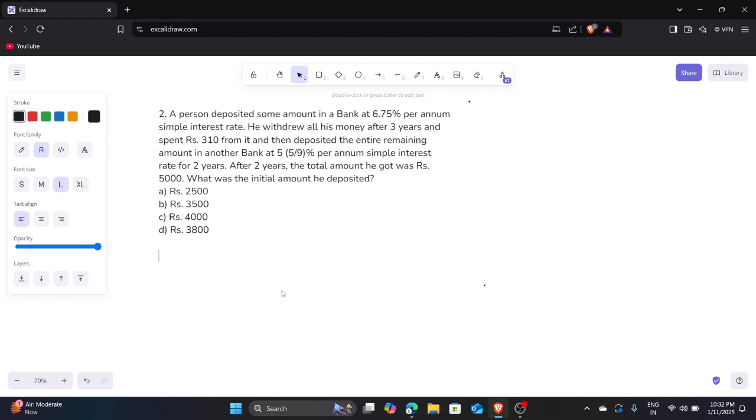Okay, we have to do something. So, P into R into T, all divided by 100, which is equal to the interest we get.